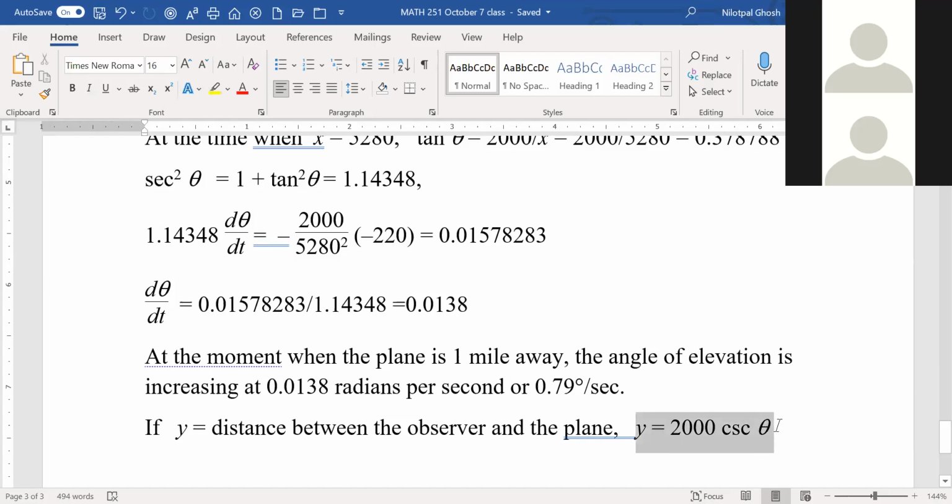Let's just get rid of this one. Okay, we have y square equals x square plus 2000 square.